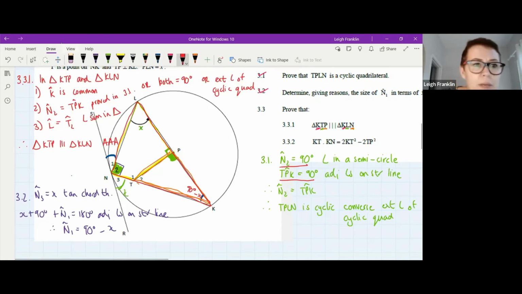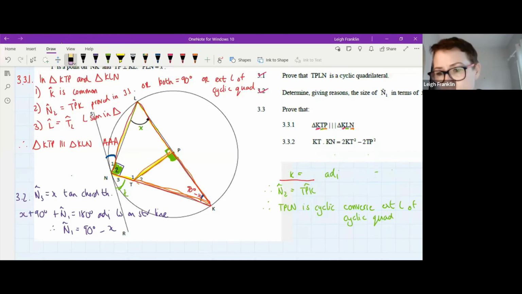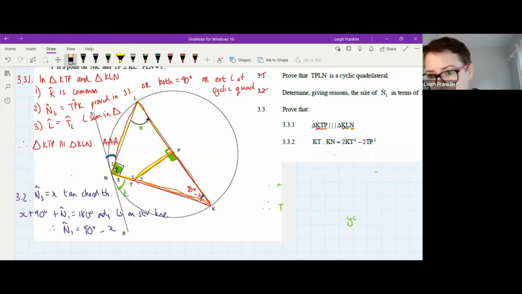Now, what I'm going to do here, Matrix, is I'm going to rub out what we've got in question 3.1, just so that we've got space to write.